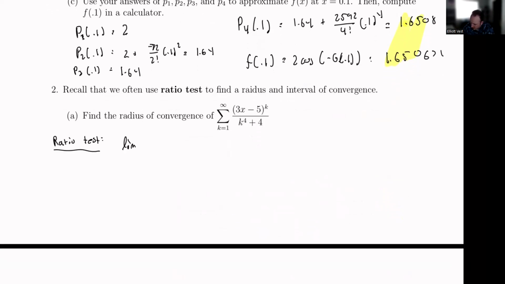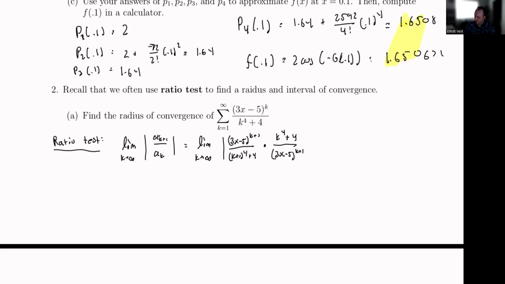We do the limit as k approaches infinity of the absolute value of a_(k+1) over a_k, which is the limit as k approaches infinity of (3x minus 5)^(k+1) over ((k+1)^4 plus 4), times k^4 plus 4 over (3x minus 5)^k. Okay, that should be able to cancel.